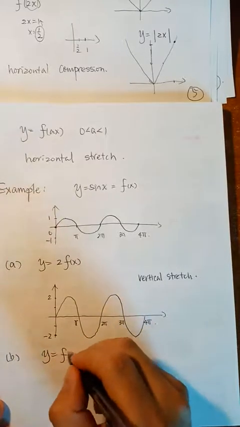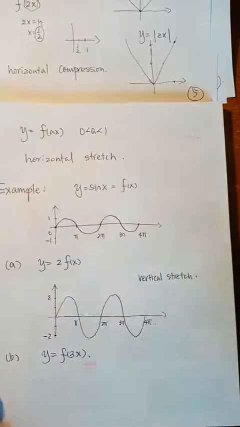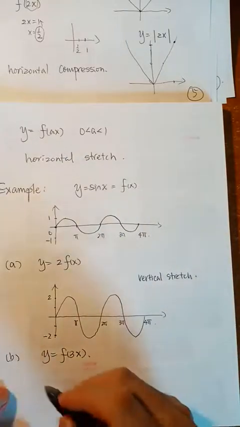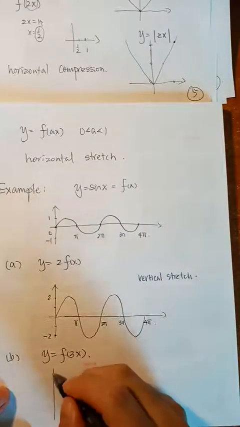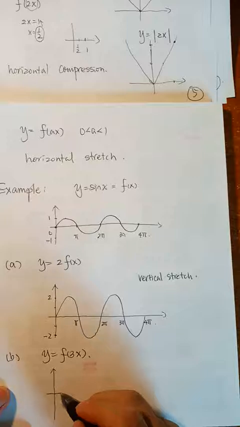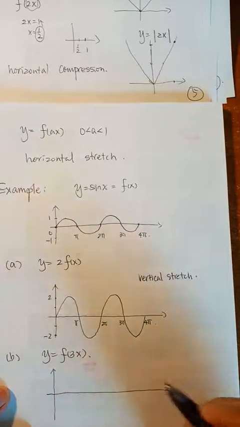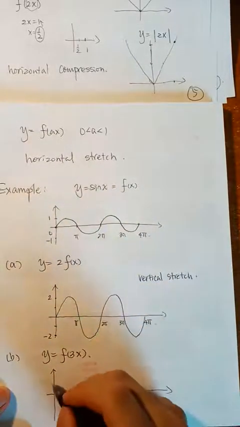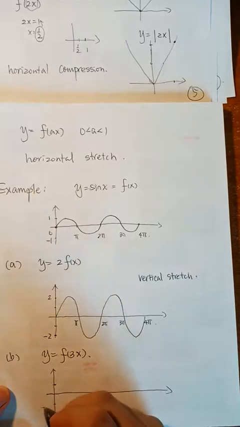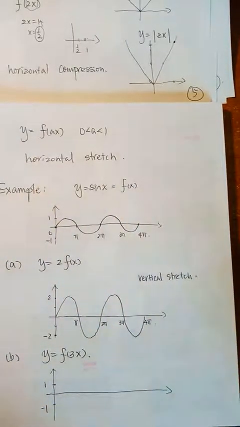And second, if we want the graph of y equal to f(3x), so what do we have? First, the y coordinate does not change, so the range is still between 1 and negative 1.